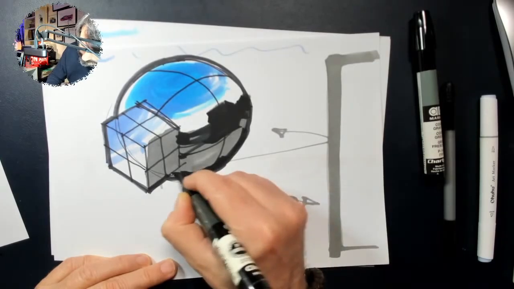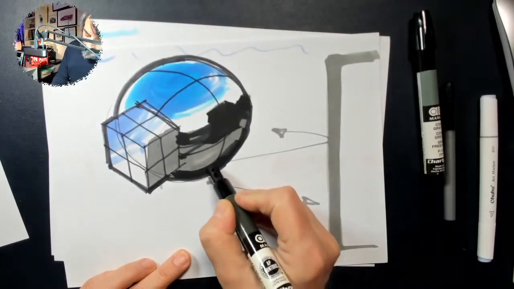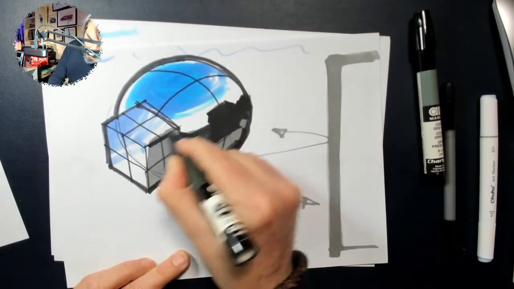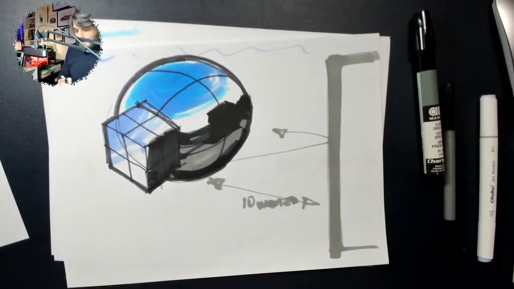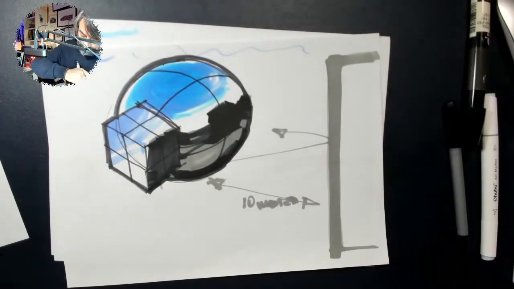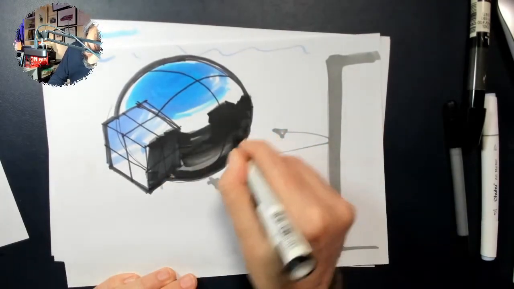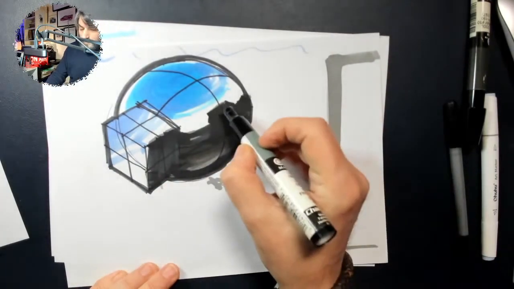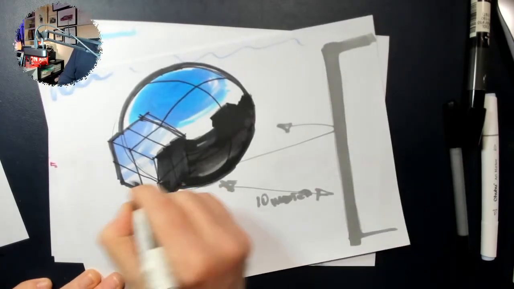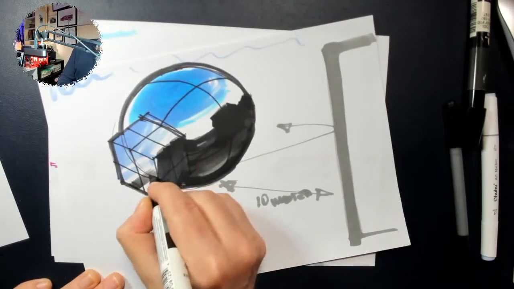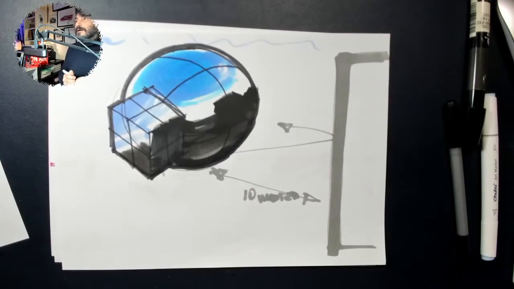And also the bottom, because the sphere is picking up from the ground. So there is another reflection in there. Here, no. Here we can say that we have just our gray, like that. And there is here a very nice transition between dark and light. You see?